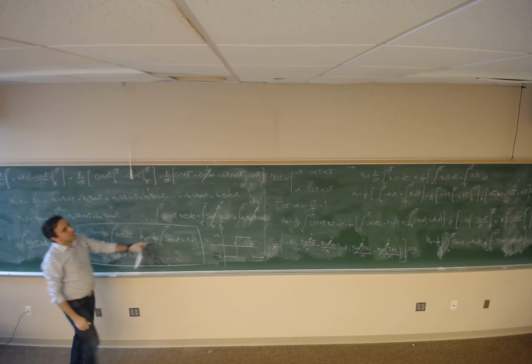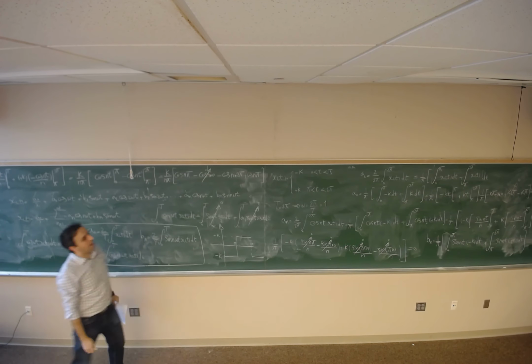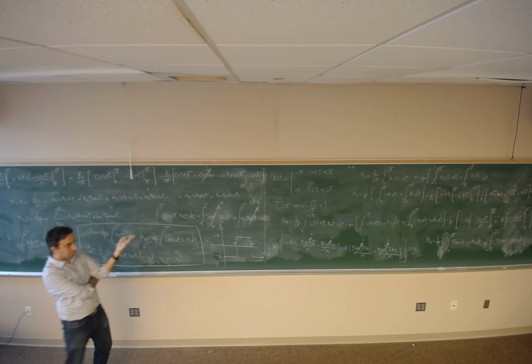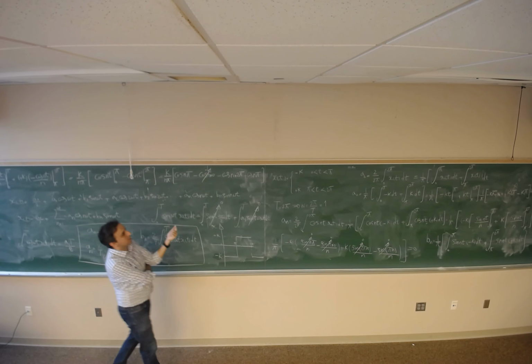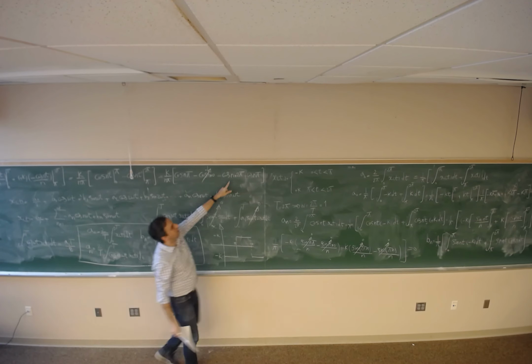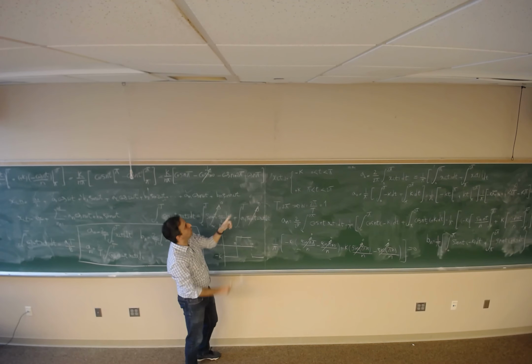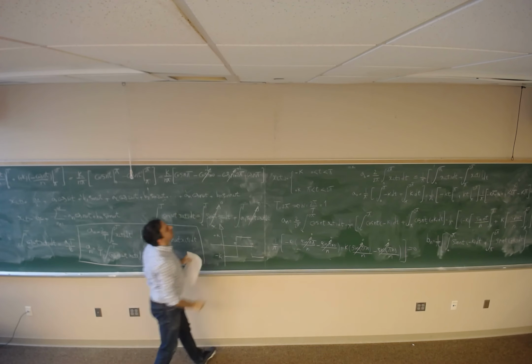N times 2 pi: no matter what the value of n is, if n is 1, you will get cosine of 2 pi, which equals 1. If n is 2, you will get cosine of 4 pi. Again, it's going to be 1. So for any value of n, you will get positive 1.